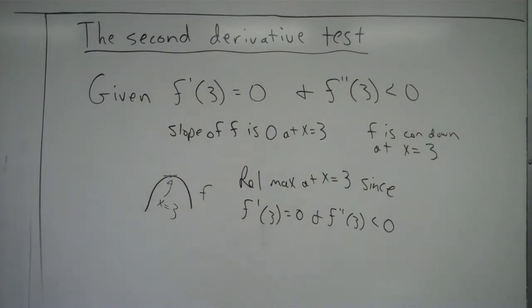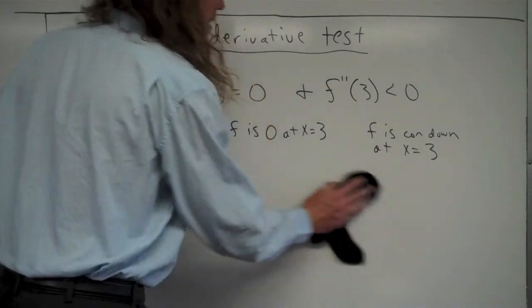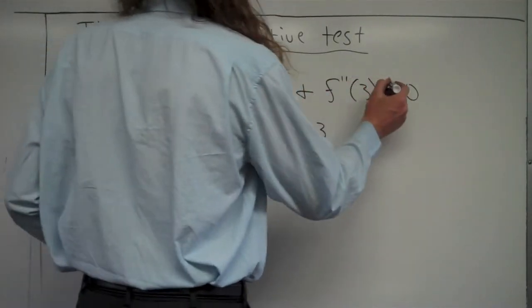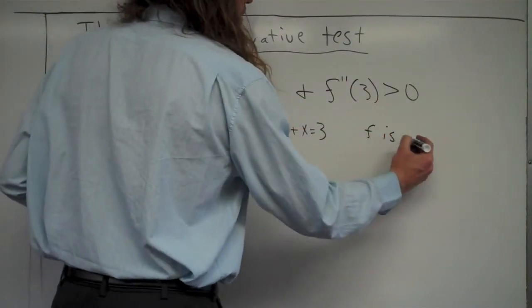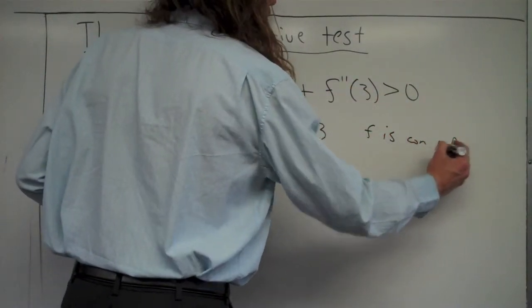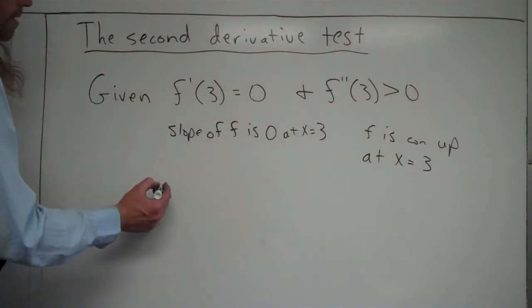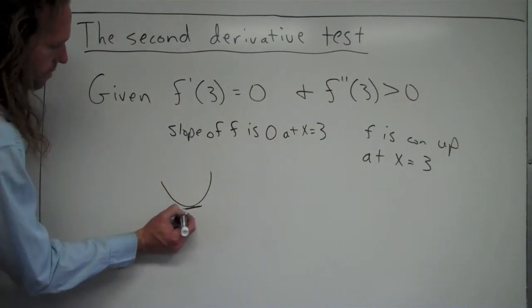Now, I could have changed one element here. I could have said, for instance, from the start that this is greater than 0, which would have indicated that f is concave up at x equals 3. So a concave up graph might look like this. Slope is 0 right here, okay?